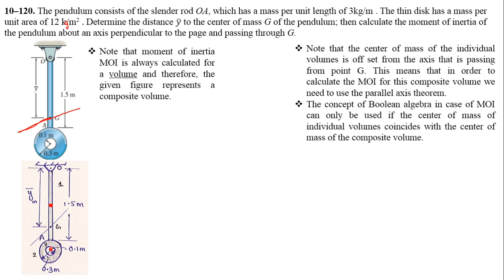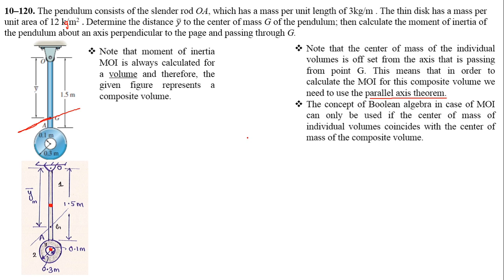So we note that these centroids, or center of masses, are basically at a distance from this axis about which we want to calculate the moment of inertia. Okay. So this means that we will be using the parallel axis theorem.